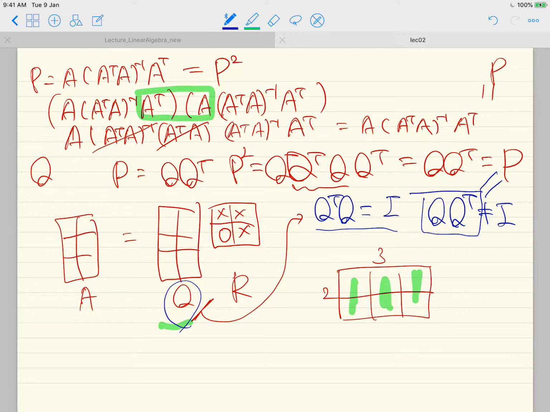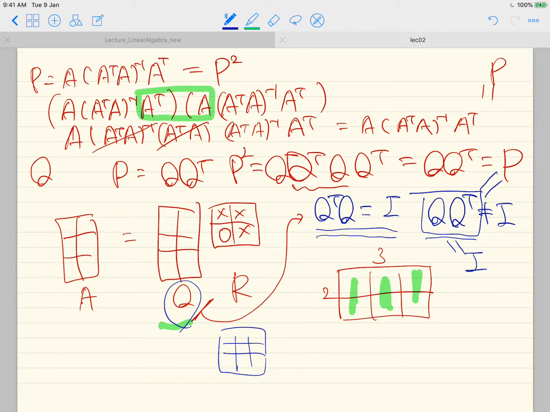And also let's think of a square matrix, for example, having 3 columns and 3 rows. In this case, not only is this true, but this guy is also the identity matrix, right?